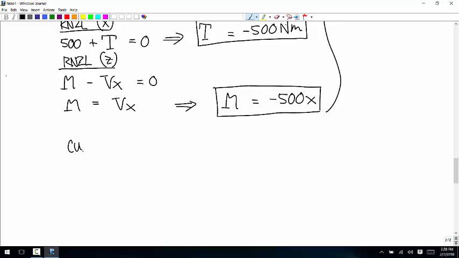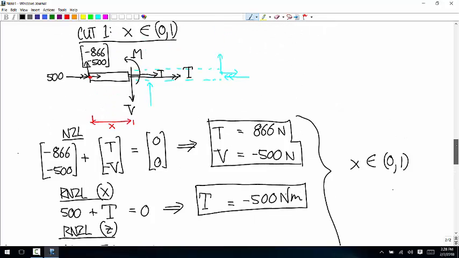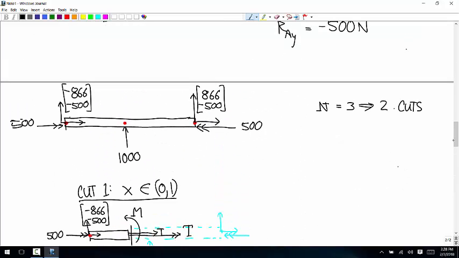So now we have to take our second cut. And this cut is valid for all x values between 1 and 2. Okay, so now we're going to see what the internal loads are for different x values in here.